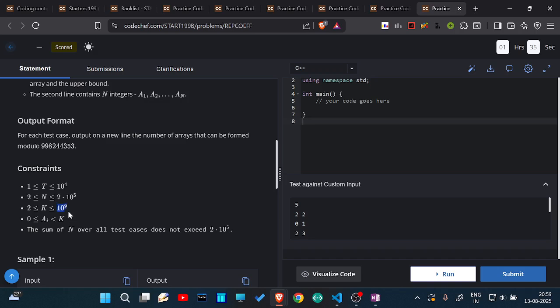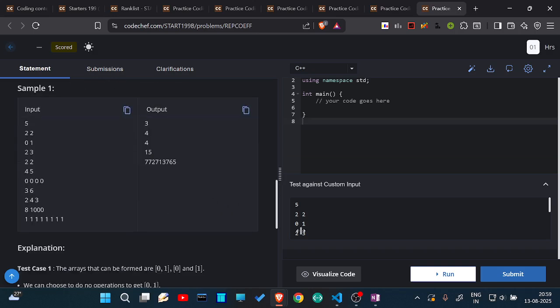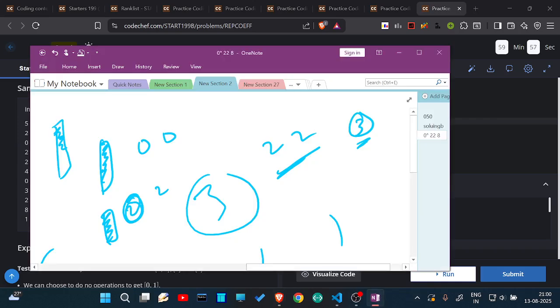Applying coordinate compression will not make any sense. Okay, so let's understand the test case of 2 comma 2, 3.